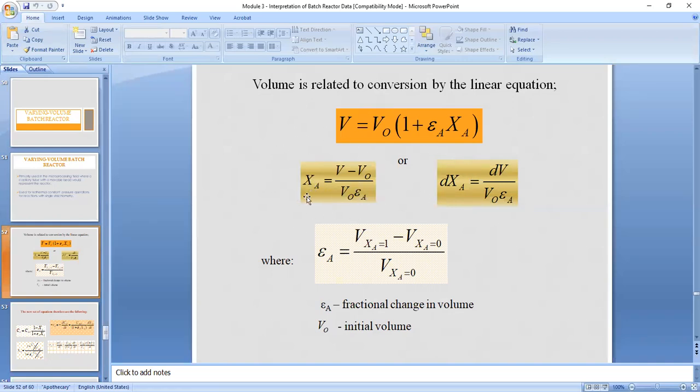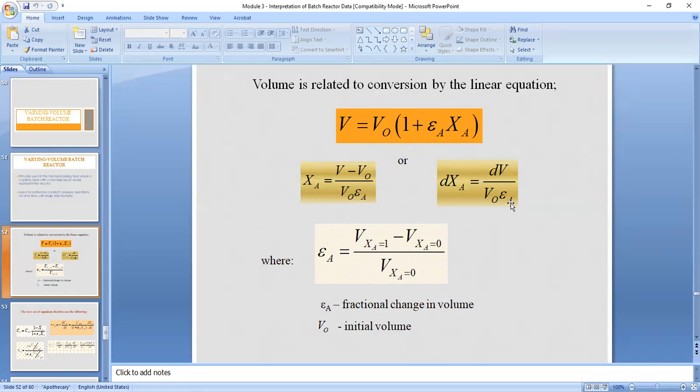If we take the derivative of the left side and the right side of this equation, then it would be dXA. And this part here, when differentiated, will give you dV only, because the derivative of a constant, V sub O, the initial volume, will be 0. These two in the denominator are constants, your initial volume and your epsilon A, so they are just simply copied.